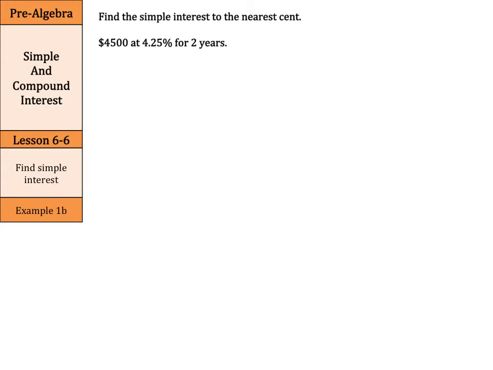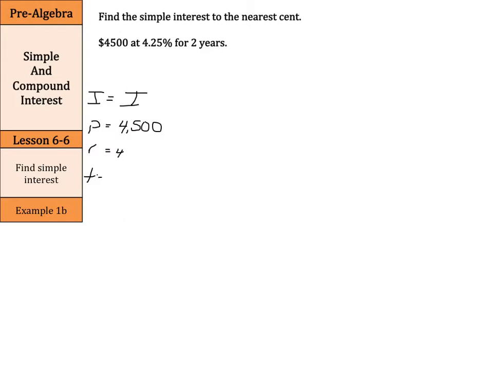Our next example is $4,500 at 4 25/100% interest for 2 years. So again, if I start off by looking for my variables in our formula, I'm once again solving for interest, so I can stay I. My principal is $4,500.